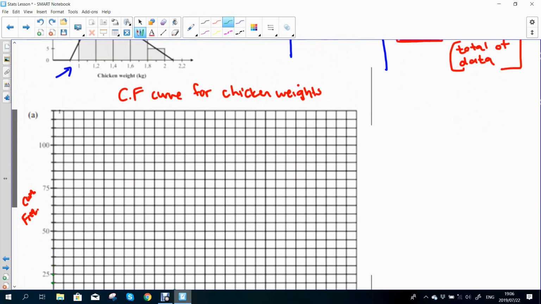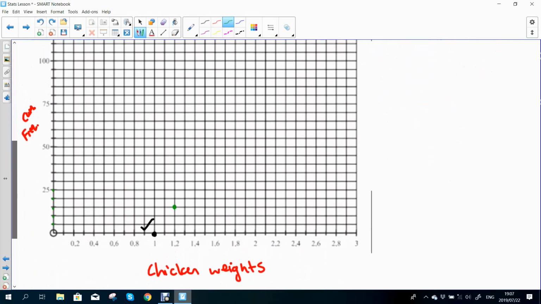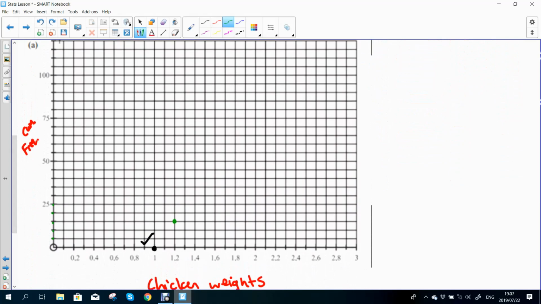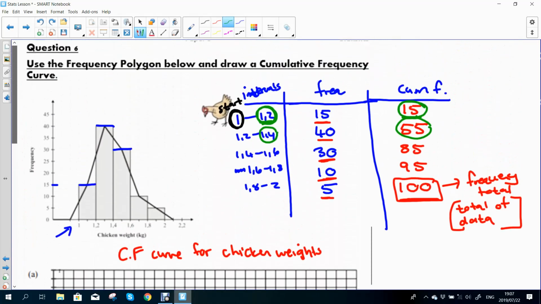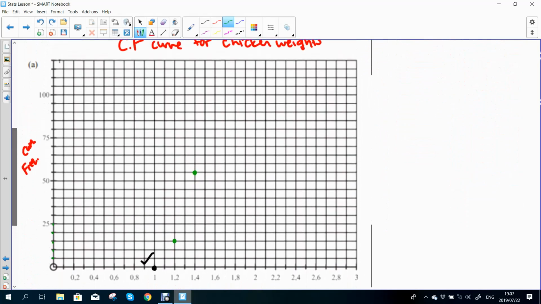Okay, let's take the next one. The next one, the upper boundary is 1.4, and now I have a cumulative frequency of 55. So 1.4 and 55, there it is. And we plot. Next one, 1.6 and 85.